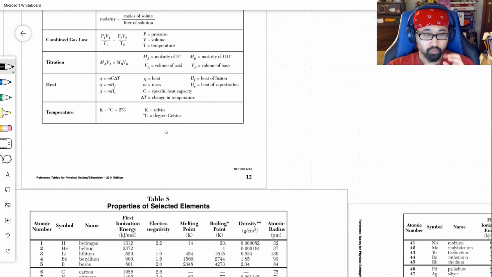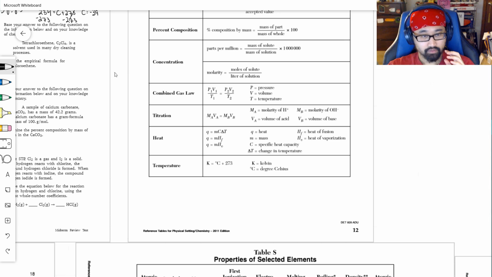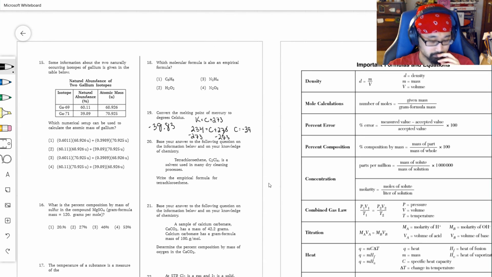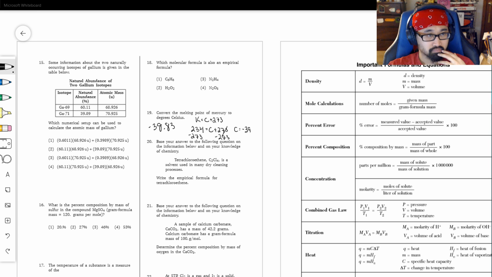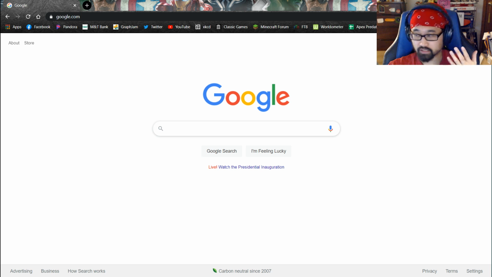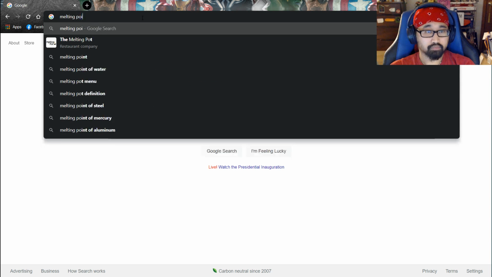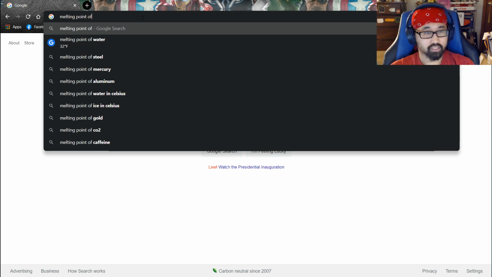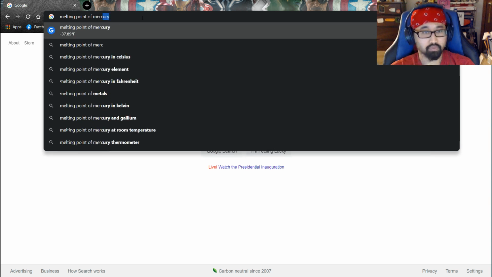So then I thought, what would I do if I was a teenager and I didn't know what I was doing? If I was a teenager and I didn't know what I was doing, I'd probably be like, hey, Google, melting point of, okay, not water. What was it? It was mercury.